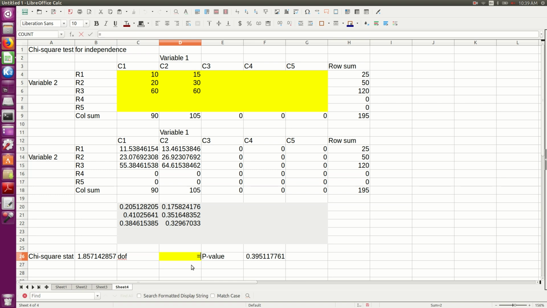I need to say count, but what I need to do is count number of columns there, okay, and then minus 1, but I'm going to need to multiply that whole expression by something, so I put parentheses around it, and then times, and parentheses again, and I do a count this time down the rows. So there's my count there, and minus 1, and close that parenthesis, and I get my 2.